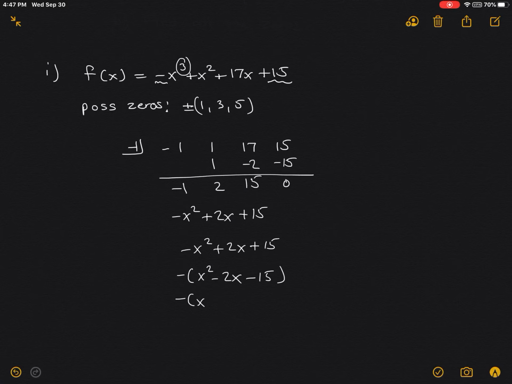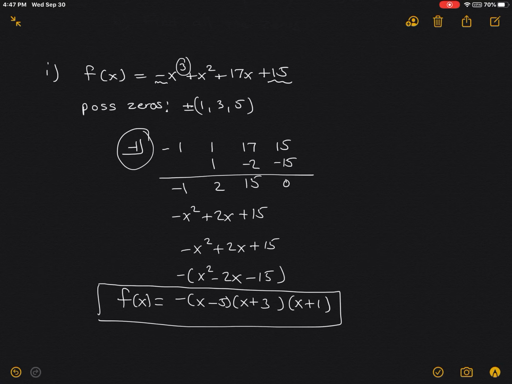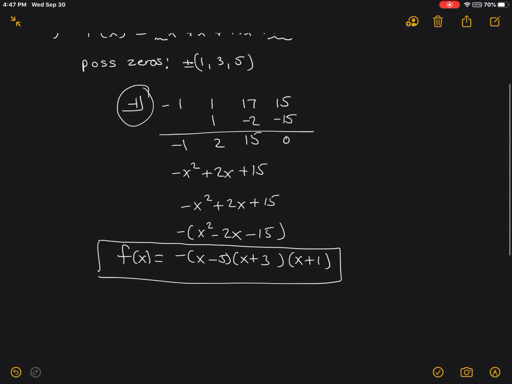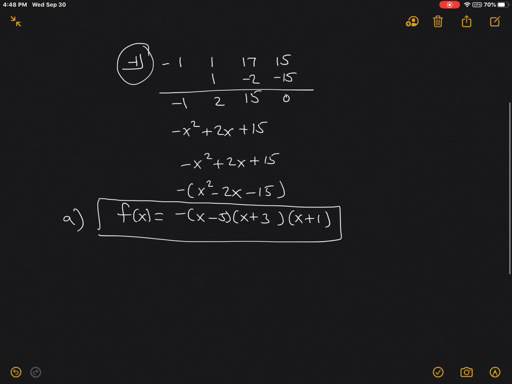If you factor this, it looks like this will be x times x, and I'm going to have 5 and 3 over here. I want a negative inside, so negative 5, positive 3. And we said this was one of the zeros, so you want to include that. So x minus negative 1 is x plus 1. So for part A, this will be your final answer when we factor the polynomial. Make sure you factor out that negative 1.